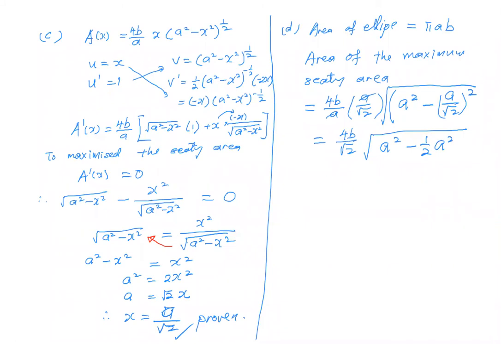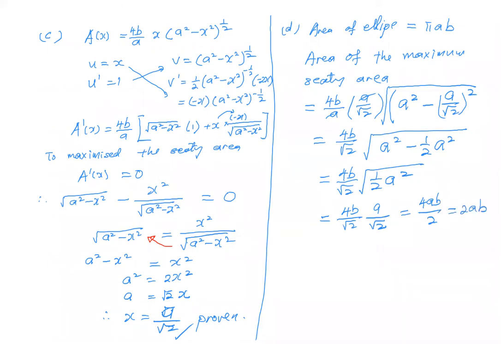So a squared minus half a squared, you are left with half a squared. So this will be 4b over root 2, and here is a over root 2, correct? So you have 4ab over 2, which is 2ab.